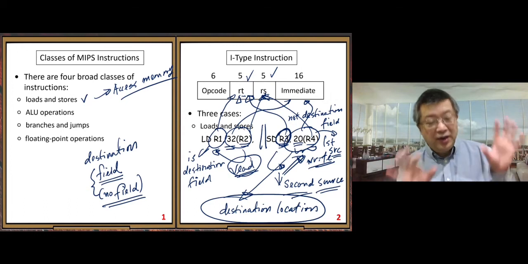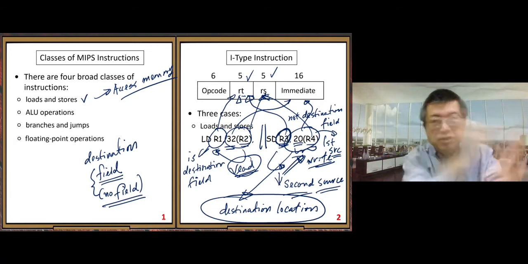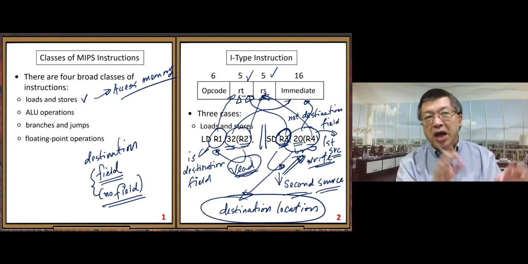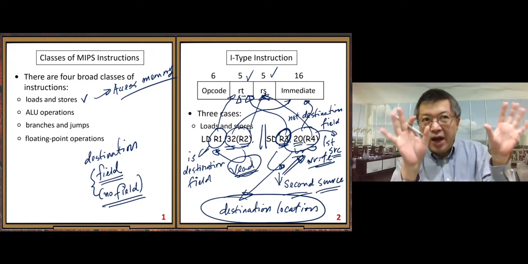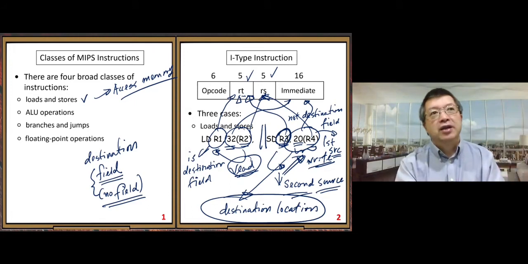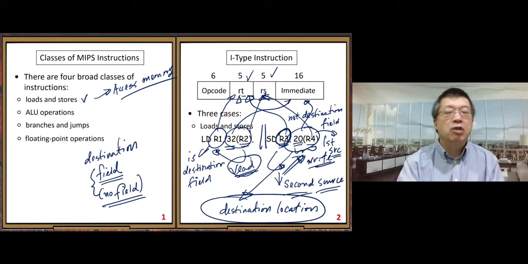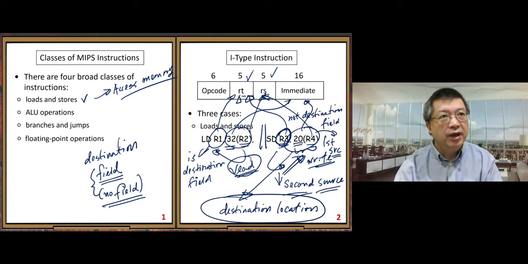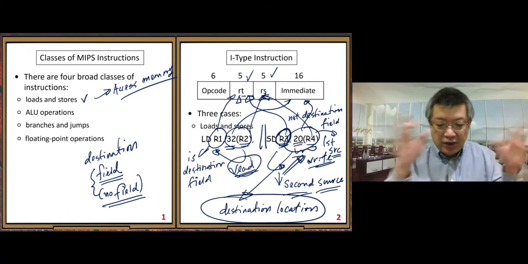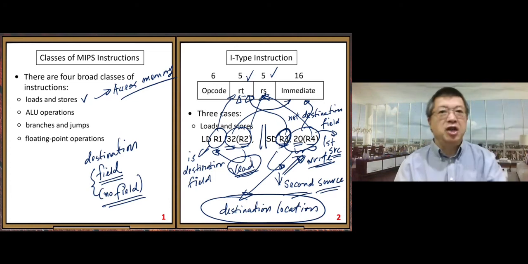Here I compare these related concepts, because in my questions you need to get to that kind of detail. Sometimes I talk about destination field, sometimes I talk about destination. That's quite different. From these two examples, you can get this concept.